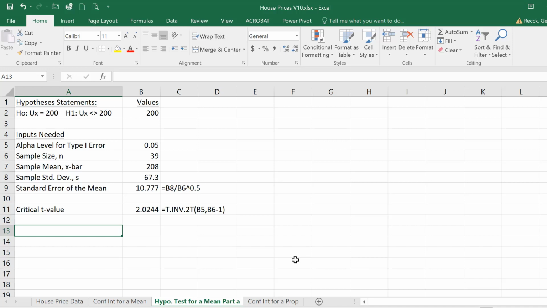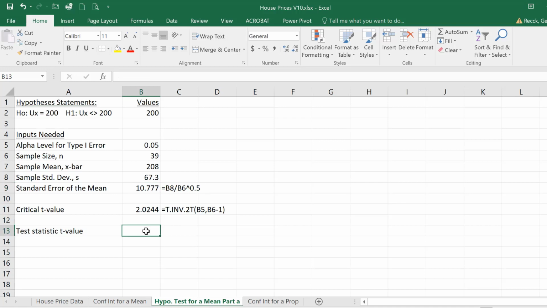So now that we've got our critical value of t, let's get our test statistic t-value. So the test statistic is how far away our sample mean 208 is from 200 in terms of standard deviations. But don't forget, our standard deviation here is the standard error of the mean.